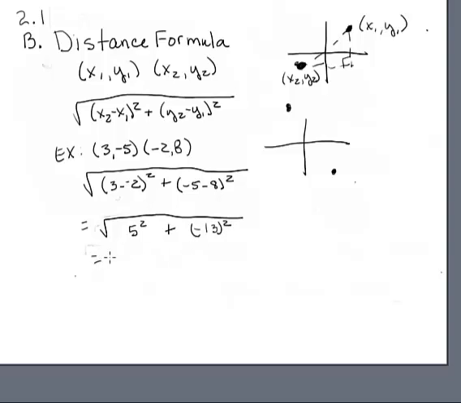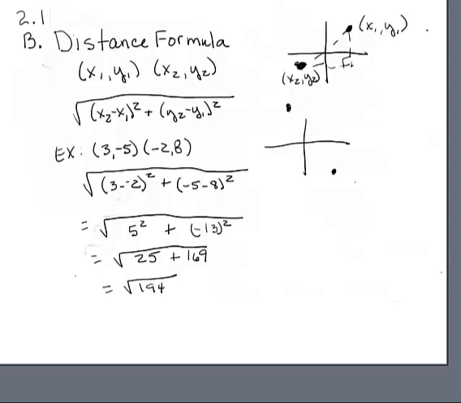Well, that's equal to 25, because 5 squared is 25, and -13 squared is 169. So my answer is the square root of 194, which may not mean a lot to you unless you put it in a calculator, take the square root, and find out that it's pretty close to 14, not quite 14, but that gives you an idea of how far apart these 2 points are.